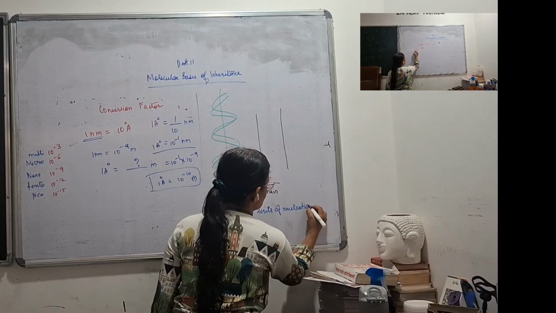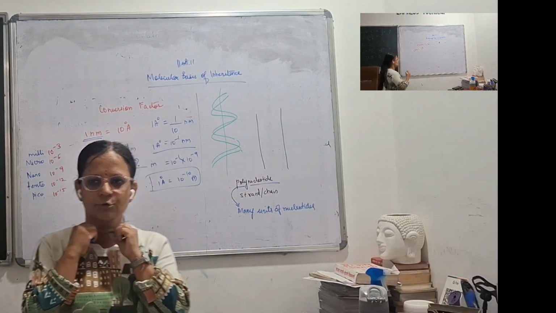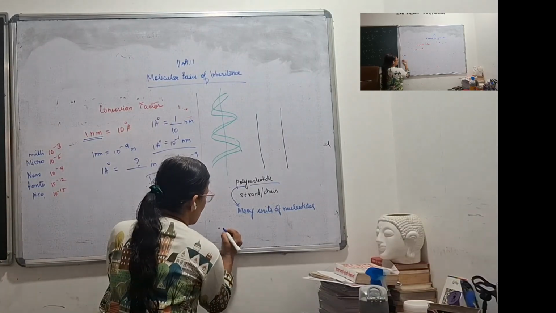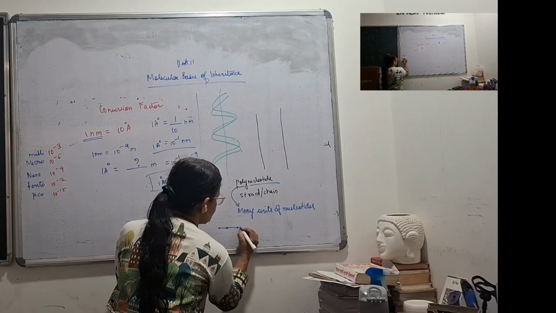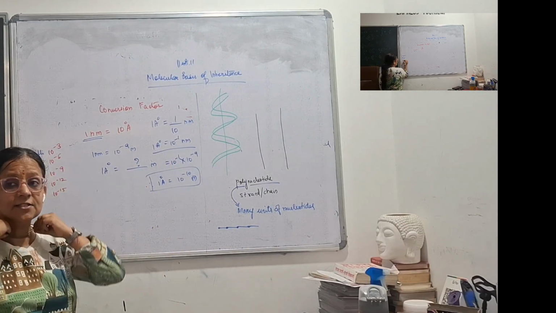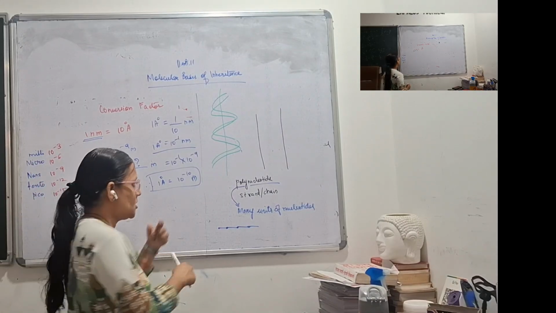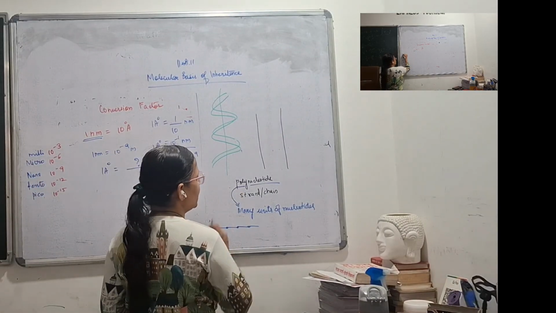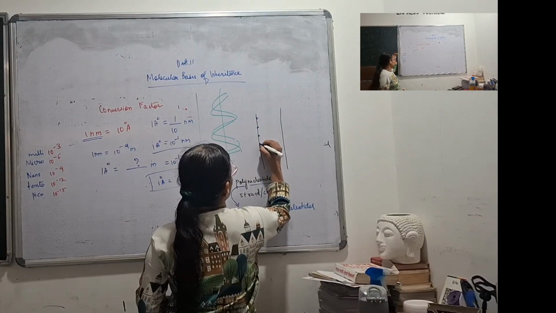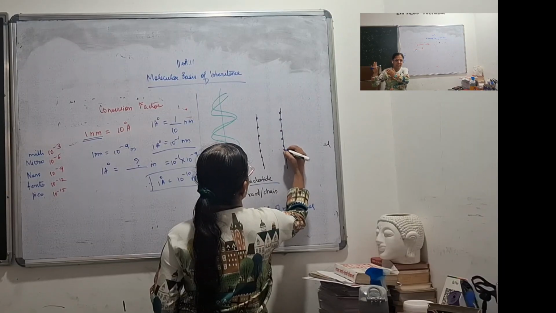Like for example, I am wearing a garland of tulsi mala, kanthi mala. So one bead is one nucleotide, second bead is second nucleotide, third bead is third nucleotide. Like this is forming a chain of polynucleotide. Understood? It's a polymer. Poly refers to many units of nucleotides. So here I have got many nucleotides.